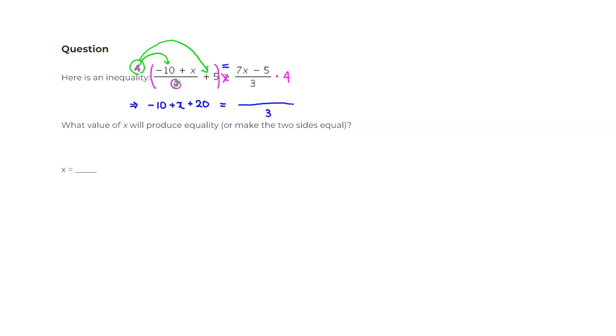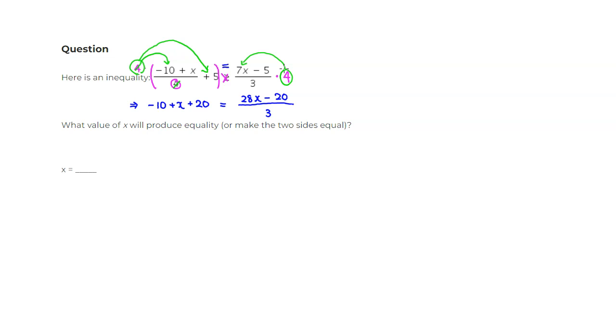And then we multiply the numerator, so I have to distribute 4 to 7x. So 4 times 7x is 28x, and then minus 4 times 5, which would be 20.